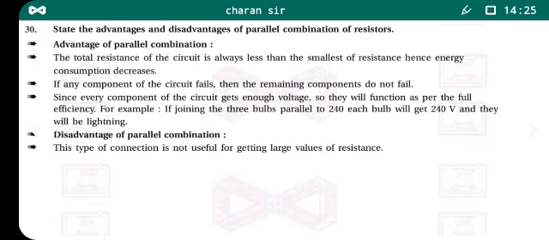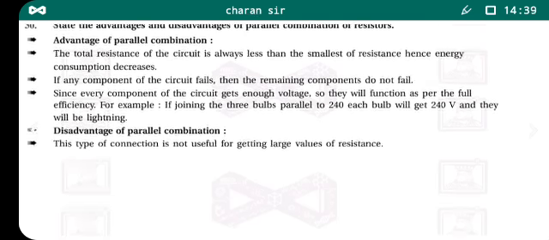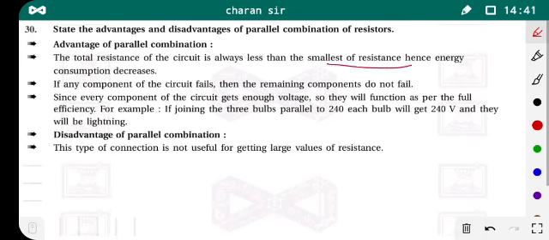Now next question, that is state the advantage and disadvantage of parallel combination of resistors. These advantages and disadvantages are exactly opposite to those of series connection. So here you can see the total resistance of the circuit is always less than the smallest resistance, hence energy consumption is decreasing.